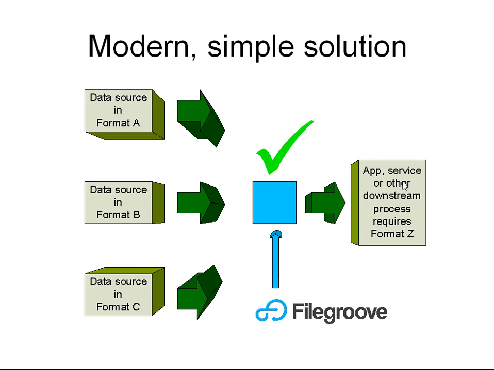The modern, simple, cost-effective solution is to map your data using Filegroove. Filegroove lets you do mappings without actually requiring a very highly paid programmer to do hard-coded mappings. It can map from virtually any format to any other format.